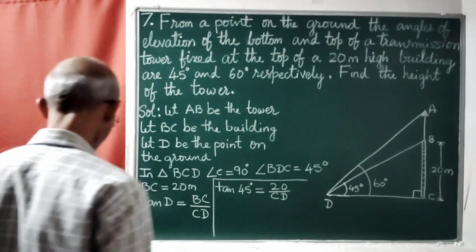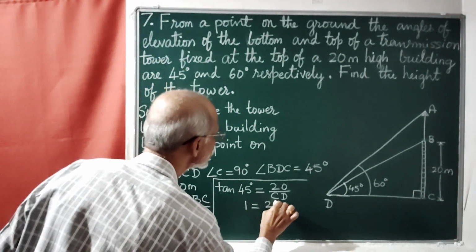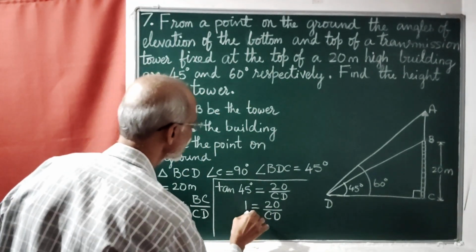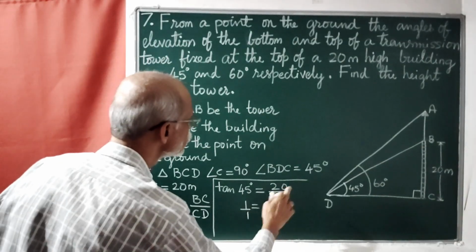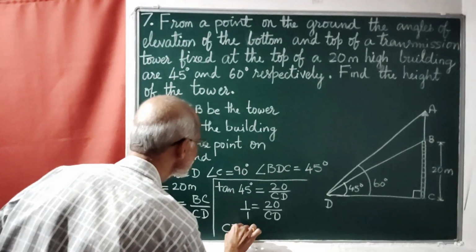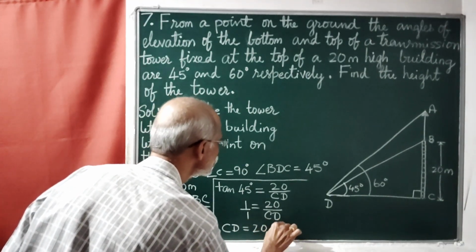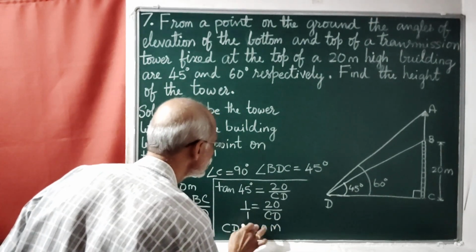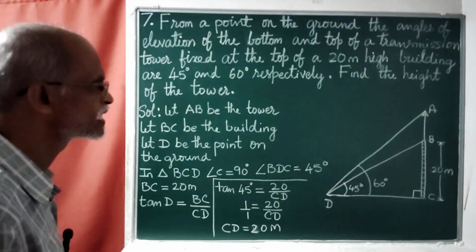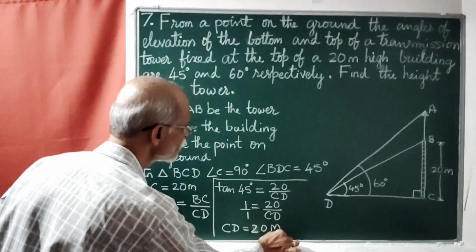Tan 45 is 1. So 1 is equal to 20 by CD. If we cross multiply, we get CD is equal to 20 meters. From the small triangle BCD, we have found the length of CD, that is 20 meters.